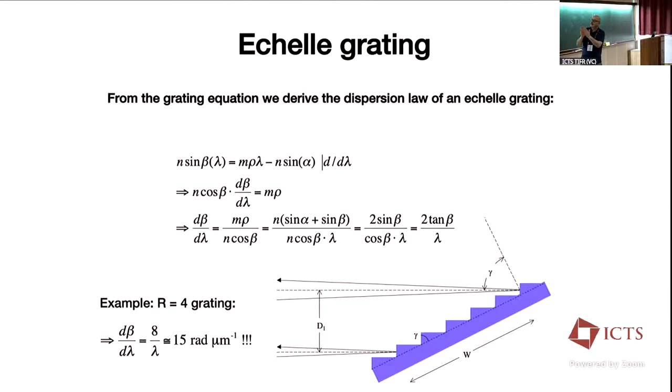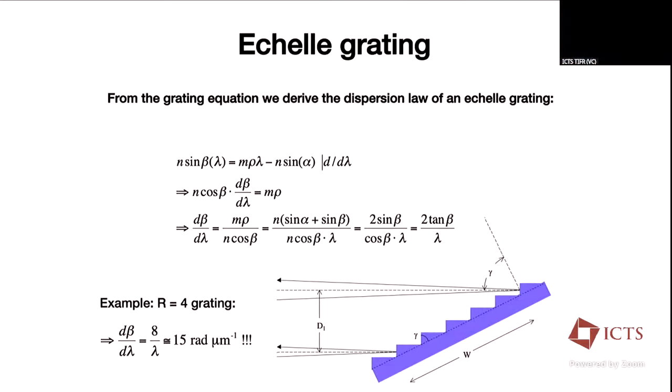So if you make your groove density lower, your orders become shorter and you will have more of them.